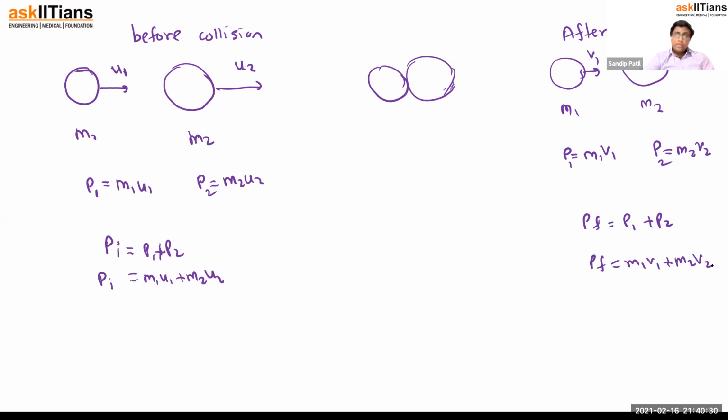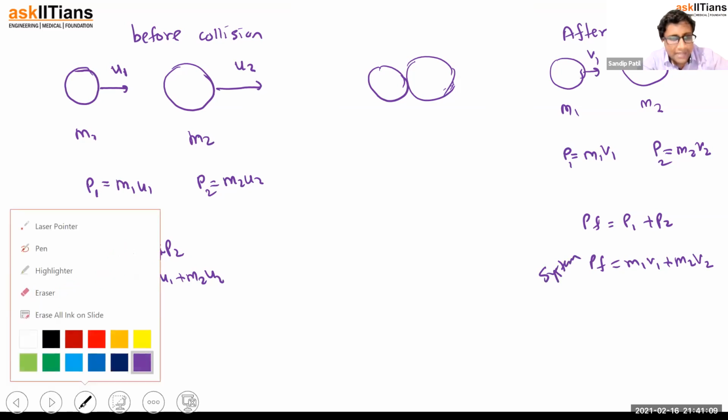Okay, so what is our law? The law states very clearly that as long as the external force acting on the system, not objects, is zero, then the linear momentum of the system will be conserved. I'm repeating that because it is a very important concept. This is the system's initial linear momentum, and this is the system's final linear momentum. Conserved means it will remain constant.